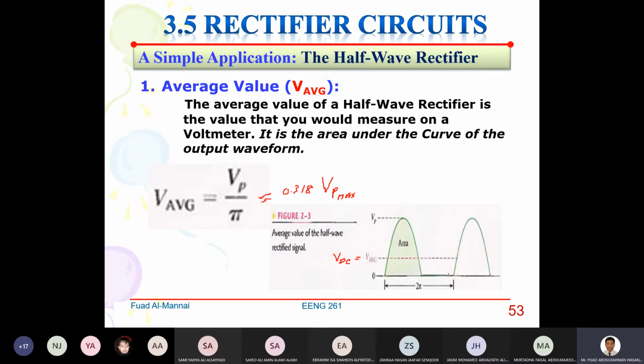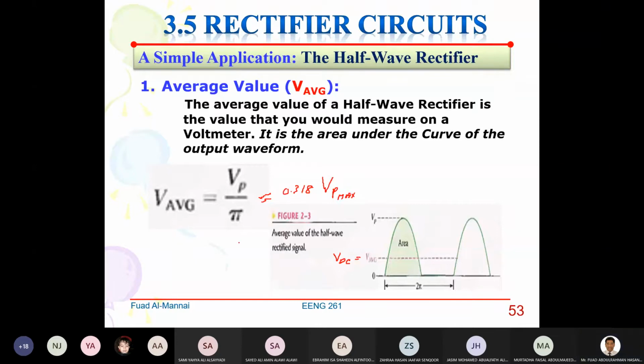Since a full cycle is 2 pi, the half-wave rectifier only uses 1 pi. Therefore, V average is equal to Vp, or Vmax, divided by pi, or approximately 0.318 Vp. This is called V average or VDC. Everybody get that? Any questions?